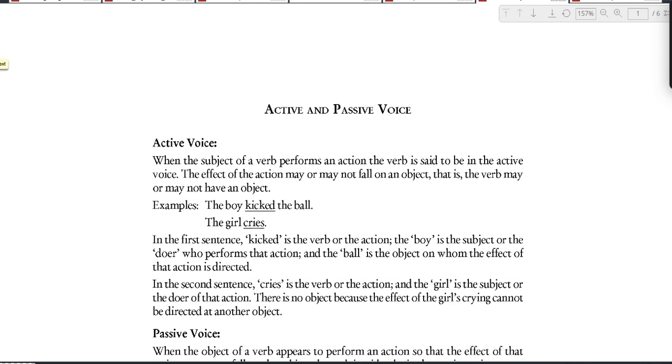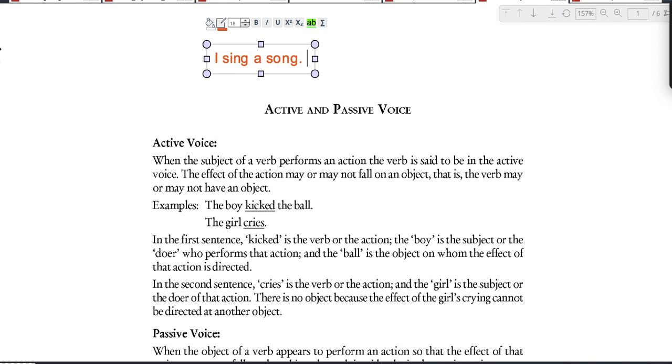So when they perform an action, in that case the verb is said to be in active voice. So it's action, that's active voice, like I sing a song.